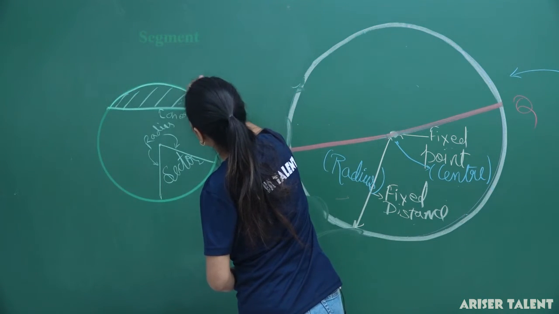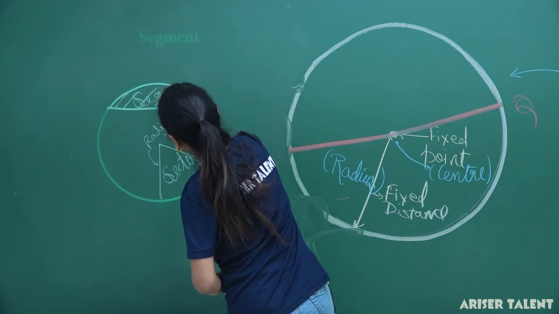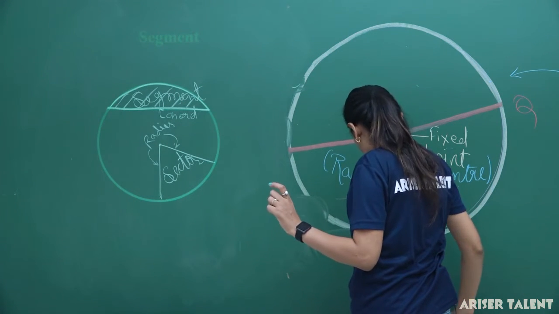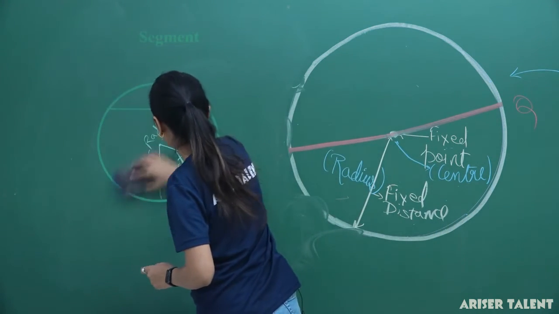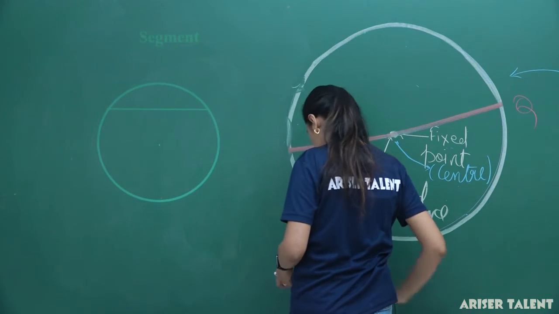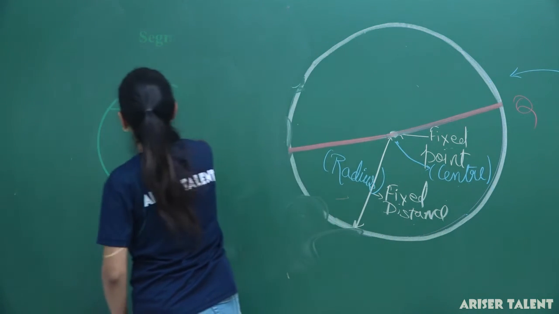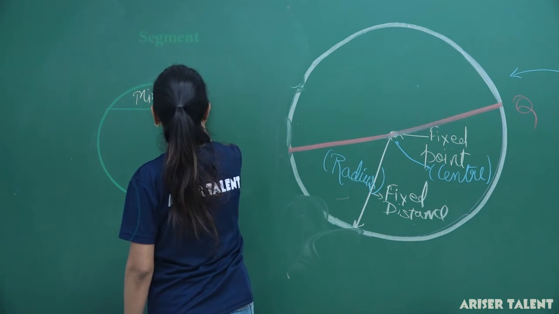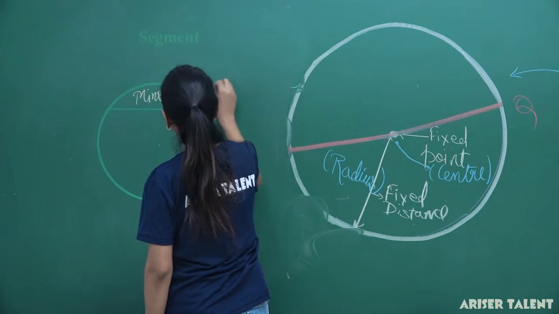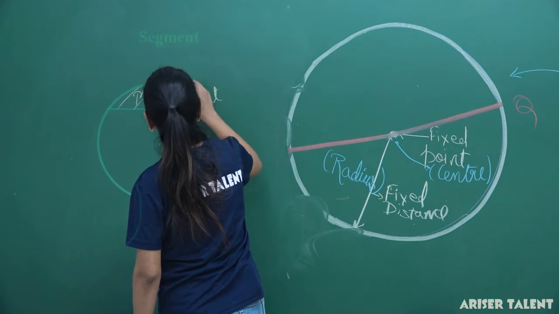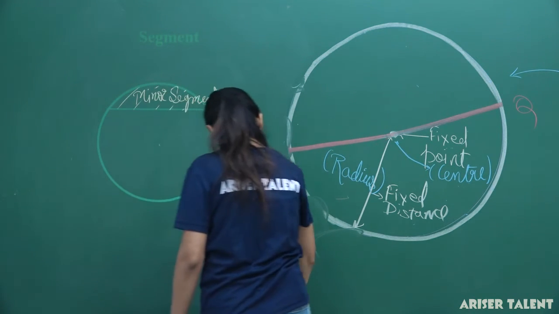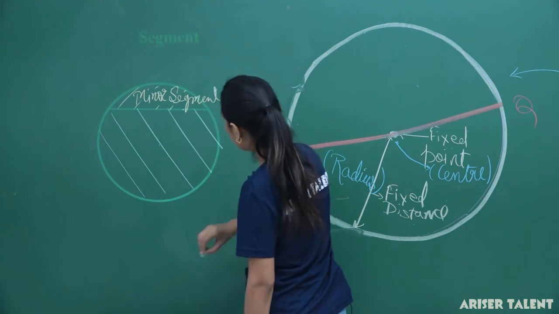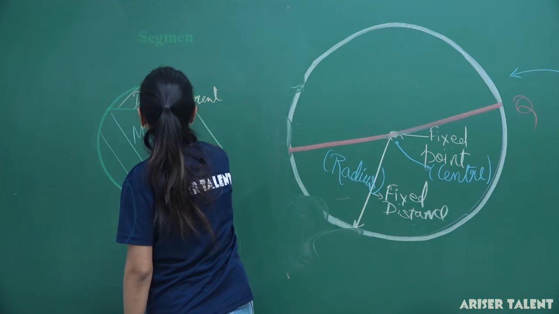This is a segment. Okay, so you now know the difference. This particular area is the minor segment, and this remaining area will be the major segment.